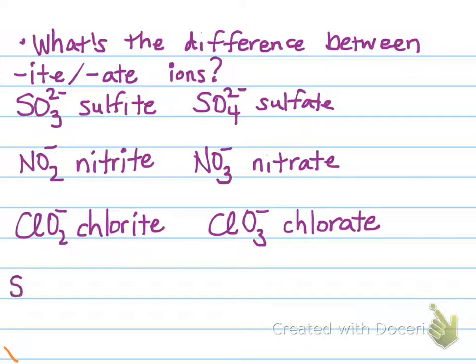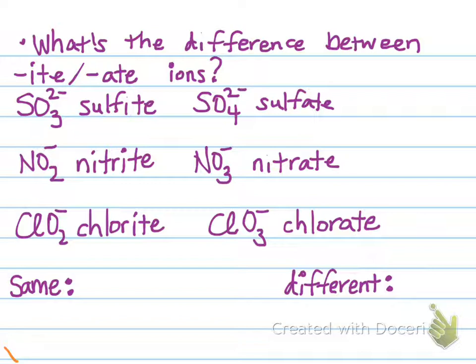So we kind of, again, want to look at that. What's the same? What's different? So between a sulfite and a sulfate, what stays the same? What's different? Between a nitrite and a nitrate, what stays the same? What's different? Between a chlorite and a chlorate, what stays the same?